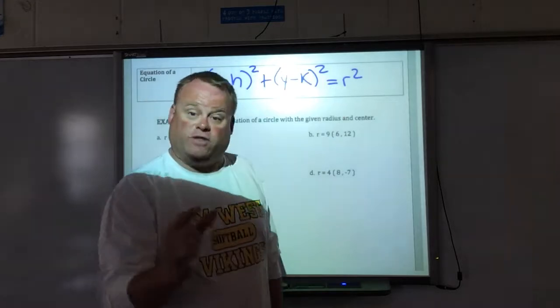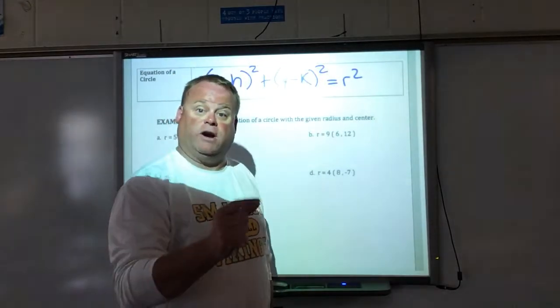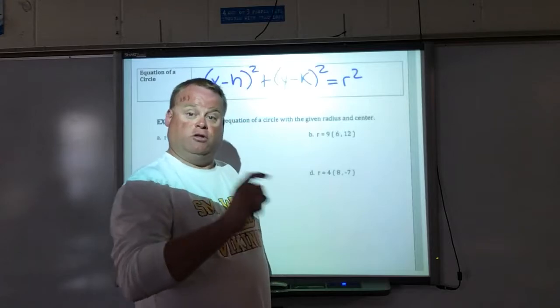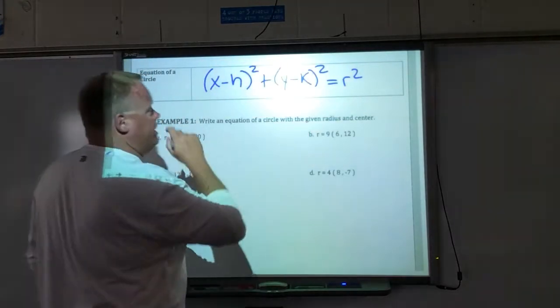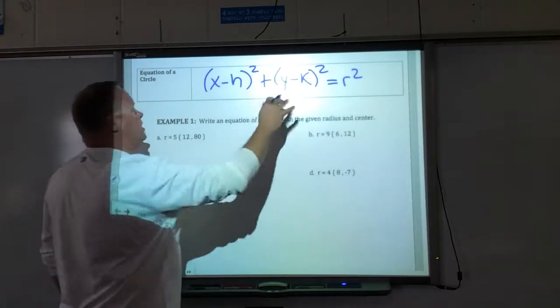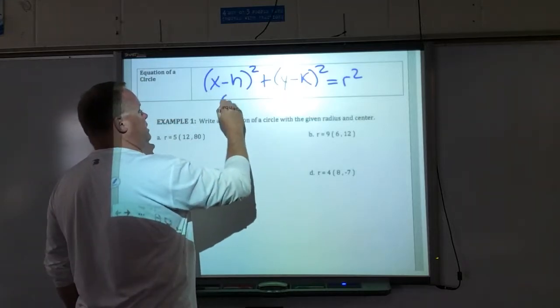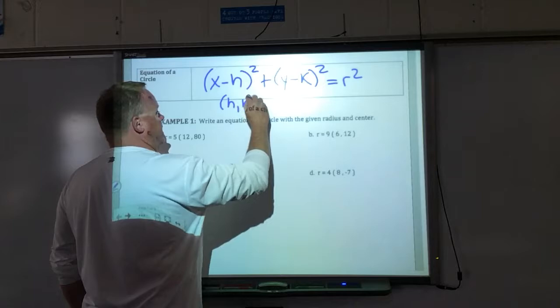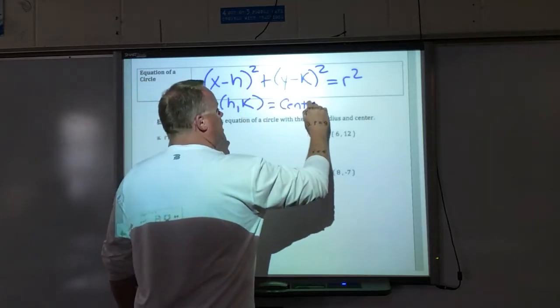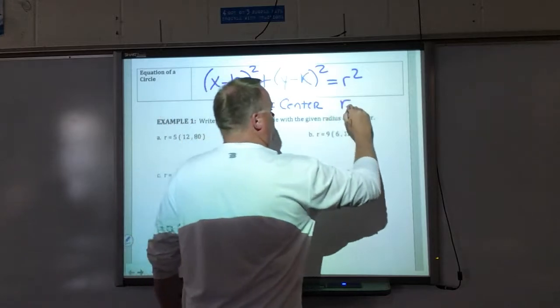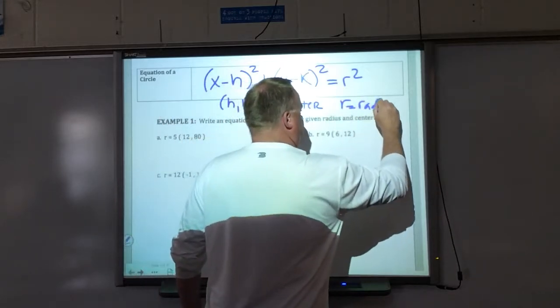If I take the square root, that is literally the radius, right? Radius squared means the radius squared, correct? So for x minus h and y minus k, the center of this circle is going to be the point (h, k), and that is equal to my center. And then I've already said that r is going to be equal to our radius.